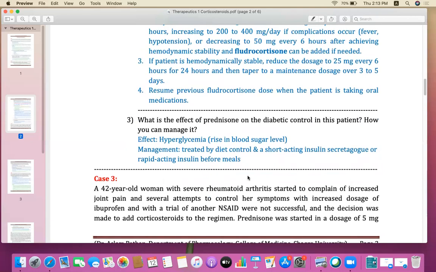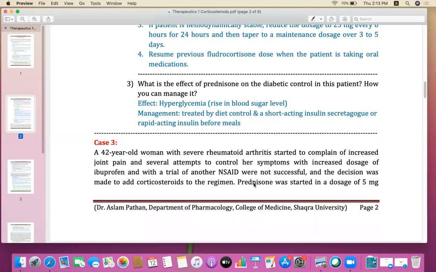What is the effect of prednisone on the diabetic control in this patient? How can you manage it? We know that glucocorticoids will cause a rise in the blood sugar level. It will cause hyperglycemia.